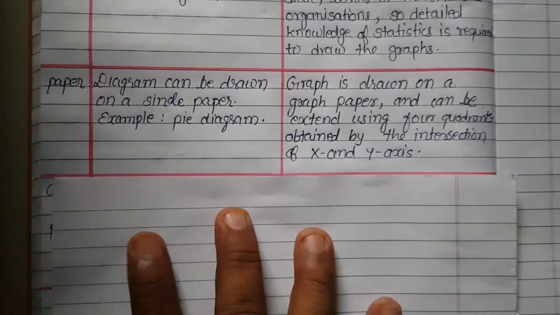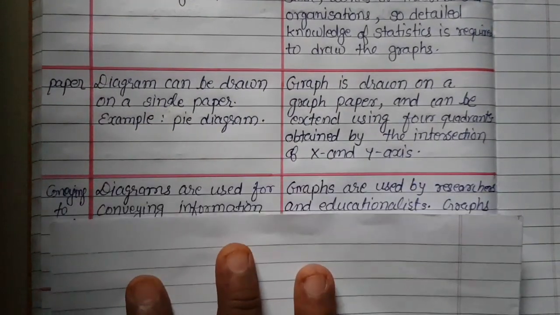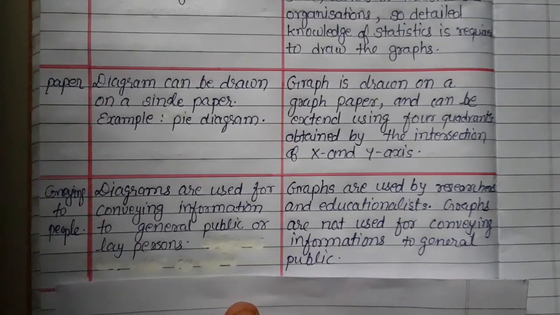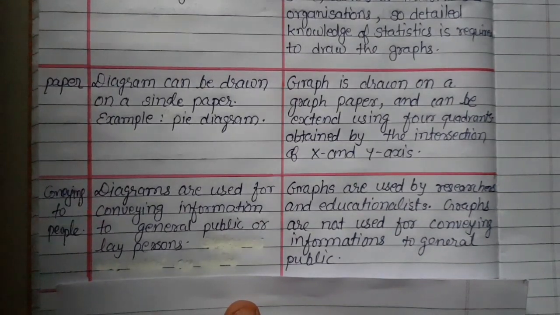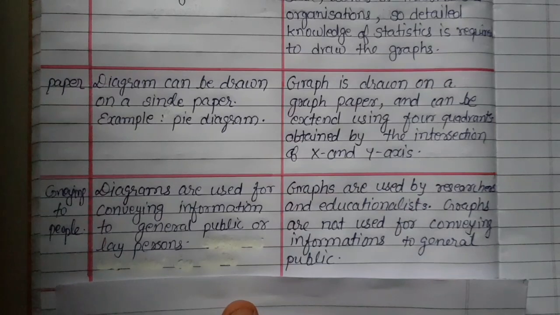And the last, fourth point, diagrams are used for conveying information to the general public or laypersons. Means, as it is self-explanatory, you can make a common man, the general public, understand. But graphs are used by researchers and educationalists.